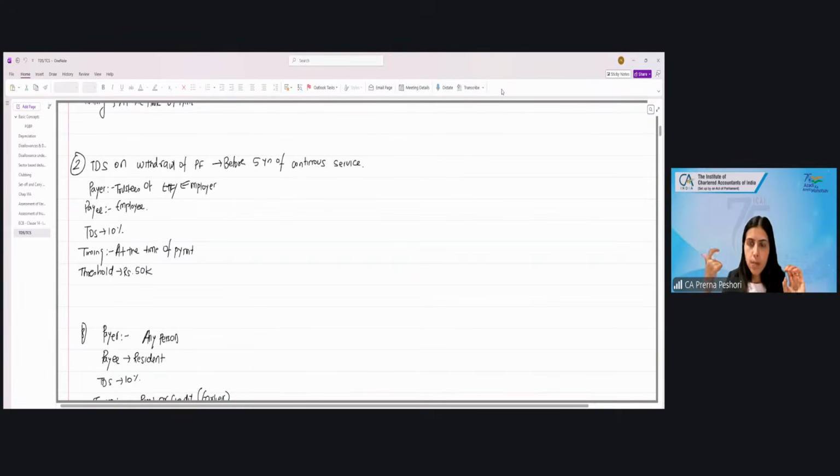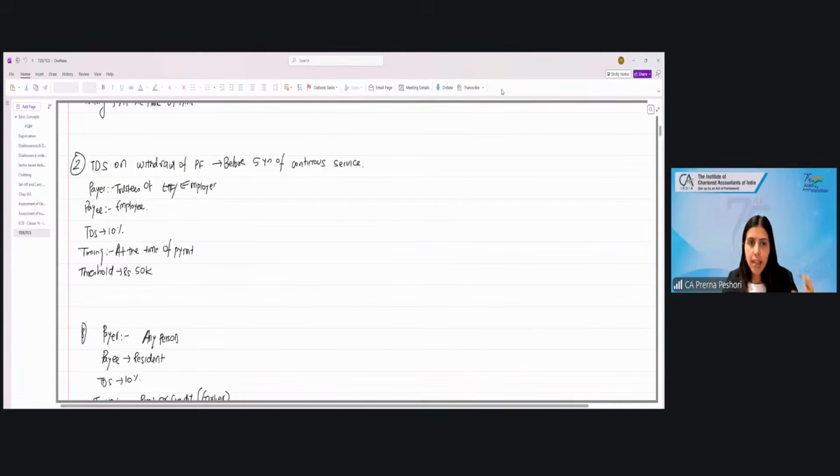So to discourage the premature withdrawal, they have this condition that if the employee withdraws the Provident Fund before the continuous service of 5 years, the withdrawal would be subject to tax. This premature withdrawal will be subject to tax, right?